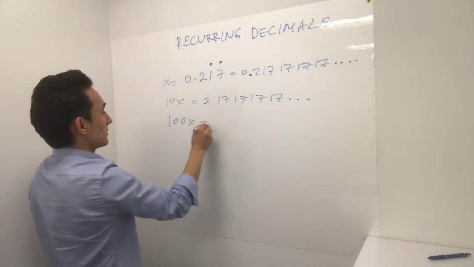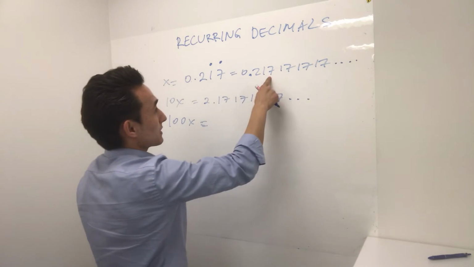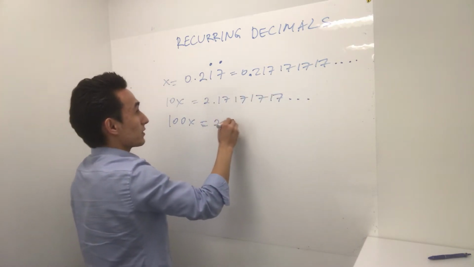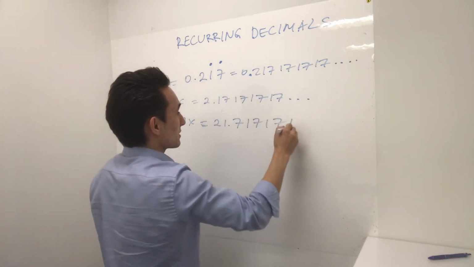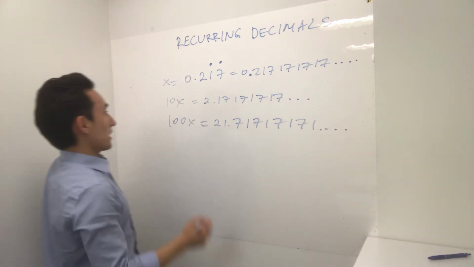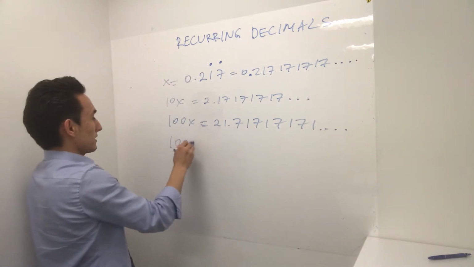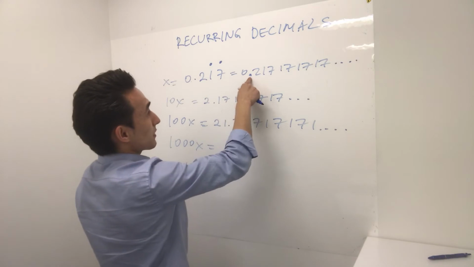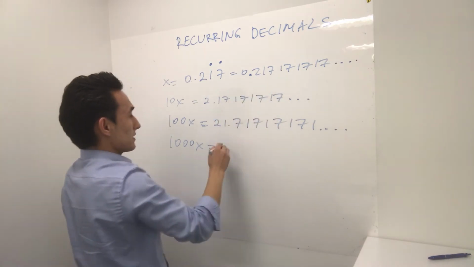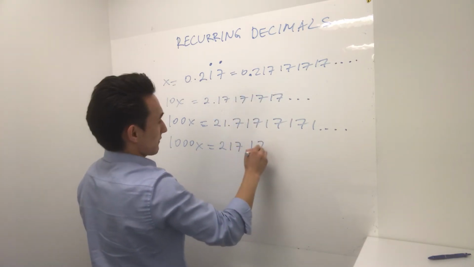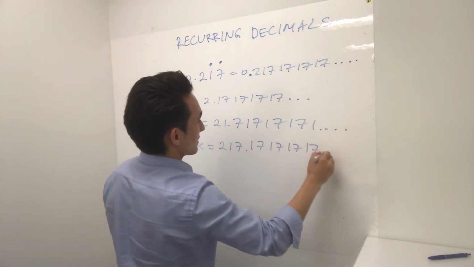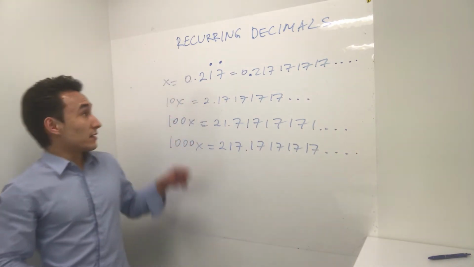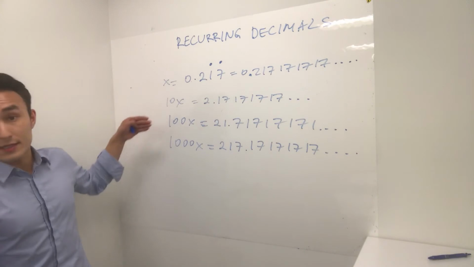We move the decimal point by 2 places, so it becomes 21.71717171, and so on. How about 1000x? We move the decimal point by 3 places, so it becomes 217.17171717, and so on.